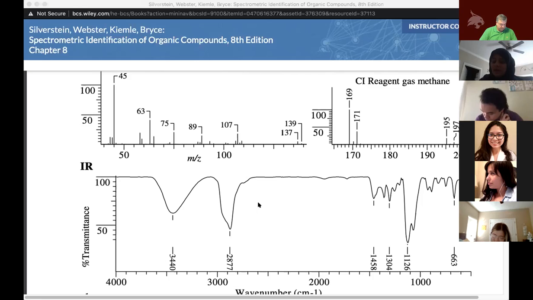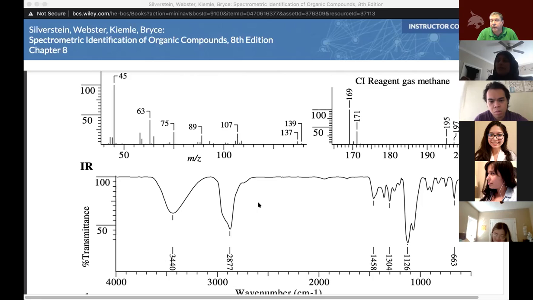So I want to add one thing. I was reading through the chemical ionization in chapter 1. And they were saying that the base peak in the CI region is close to the parent peak instead of the highest one. So if you read through that page, they were saying that M+1 is the base peak.